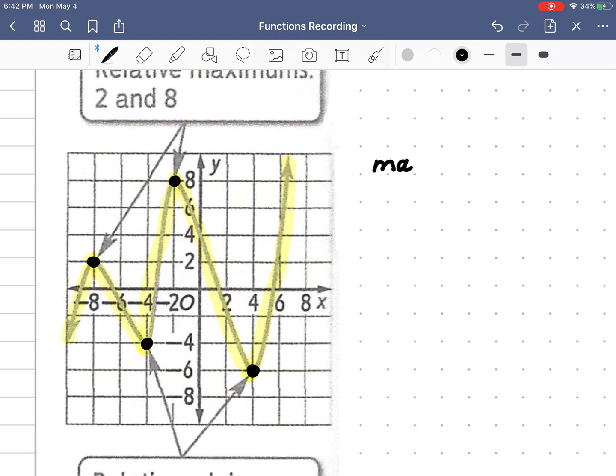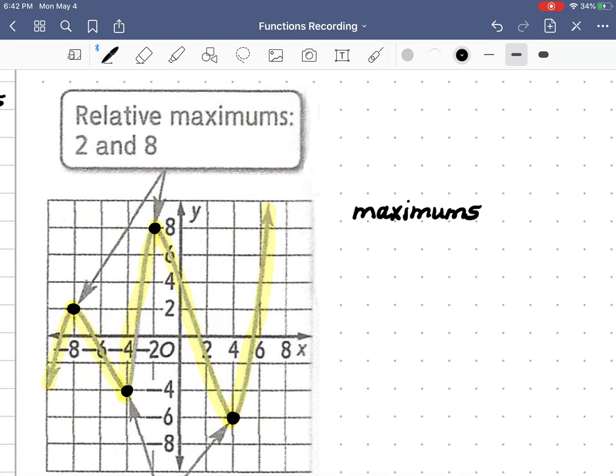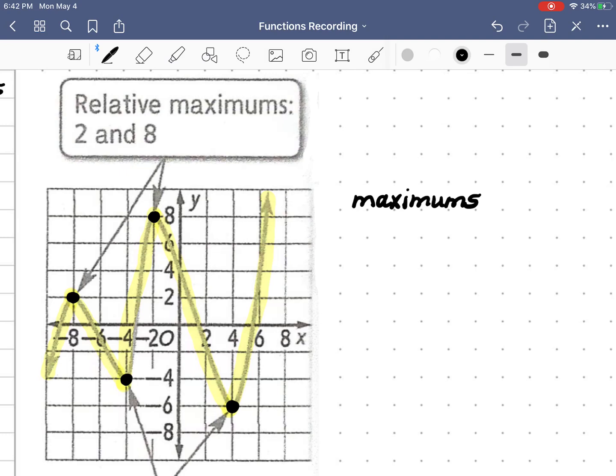So let me get the maximums first. And it already told us, but let me just go ahead. I like to use the actual point. The maximum, let's start with this one right here. Okay, it is back 8 and up 2.